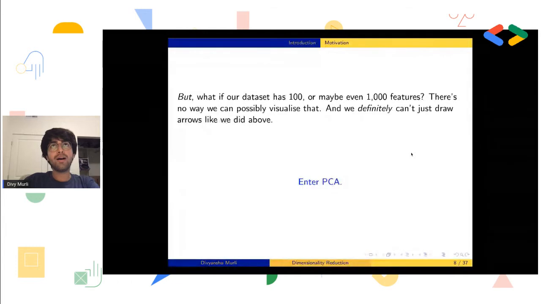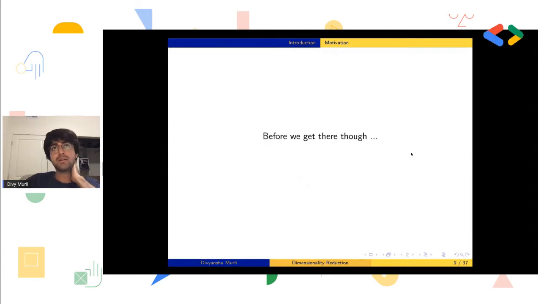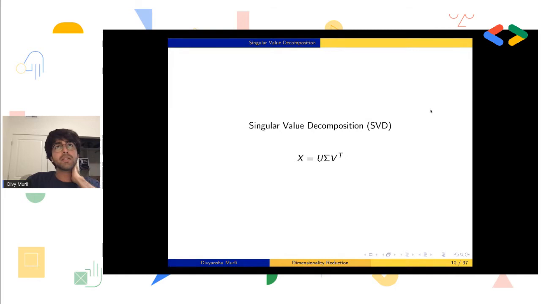So now I've told you what PCA is good for. I'd like to go into the core of how it works, because I personally think it's pretty interesting. It's based on the singular value decomposition, which is a technique for decomposing a matrix into these three pieces here.